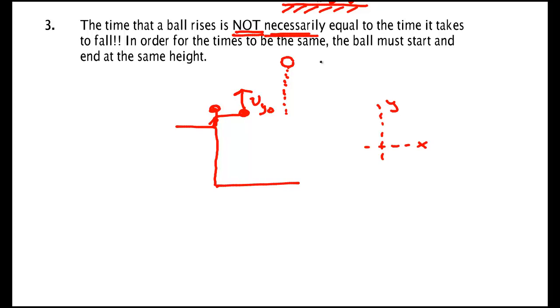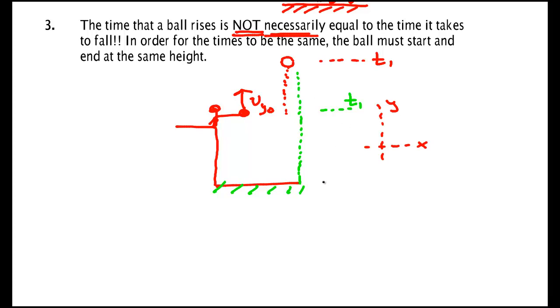It takes some time to get there, that time being t1. Maybe that's 2 seconds. After it gets up there, the ball then comes down, and the time it takes to come down to the same place it started is also t1 seconds. But that's not where it stops falling. It stops falling when it hits the ground over here.